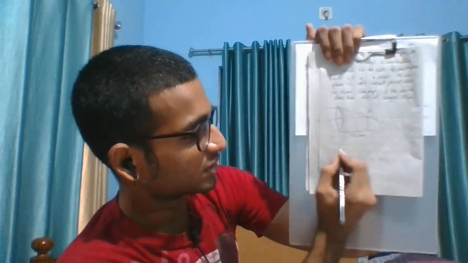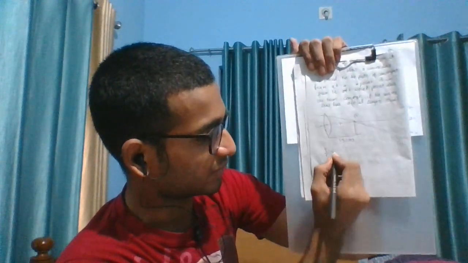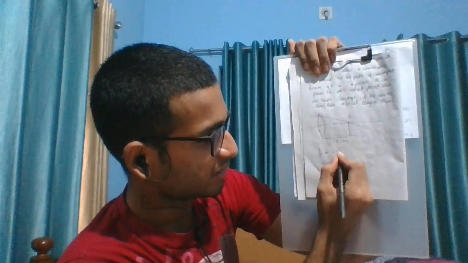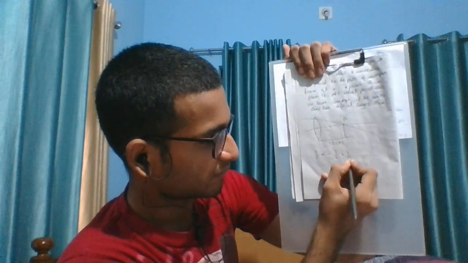So we will use the thin lens formula, which is 1/f equals minus 1/u plus 1/v. Now what values have they given us?